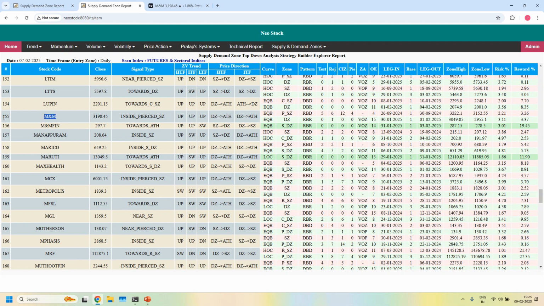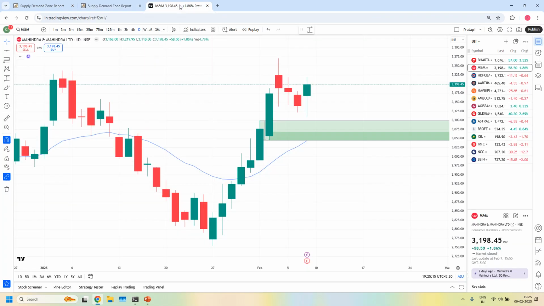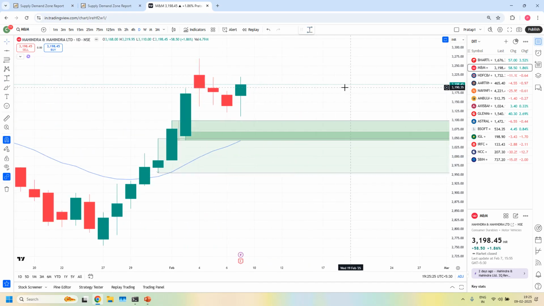See the M&M 155 item. It is having a daily demand zone, one base candle, 30 January 2025. This is the leg-in, this is the base, this is the rally. So let us draw the daily zone. See, this is the daily zone.